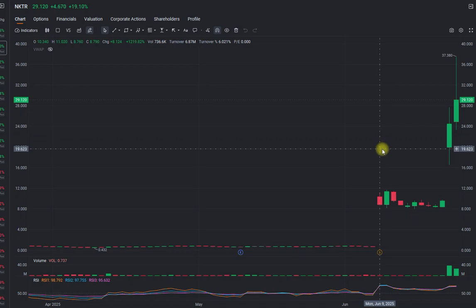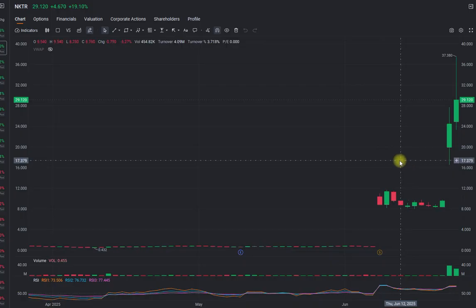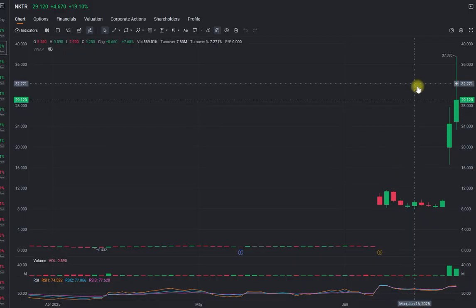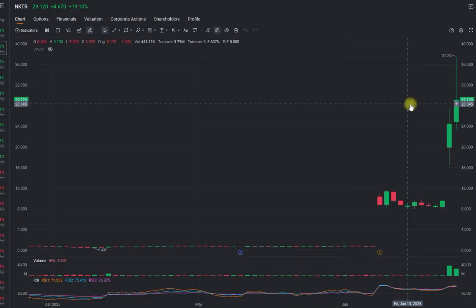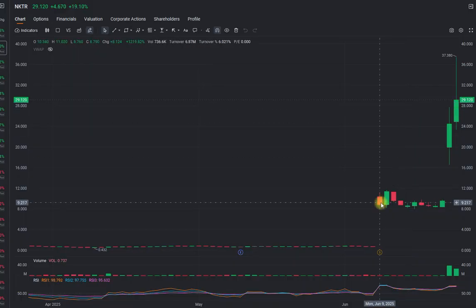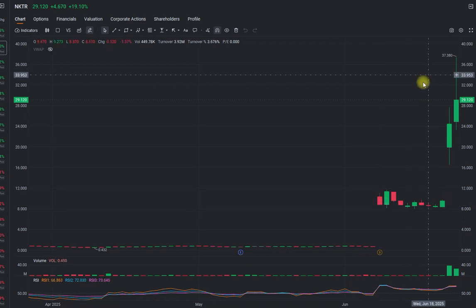NKTR Therapeutics should tell you immediately that it's a biotech stock, and now it's pure volatility. Keep in mind that the stock lost 15 times its liquidity. Making 15 shares into one share really plays into the liquidity, and that plays into the volatility. When you have less liquidity, you obviously have increased volatility.